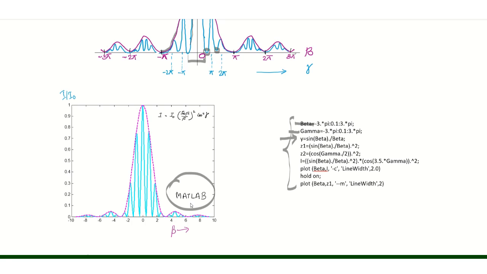Or you can actually write sinc of beta in the code, because the sinc function is defined. And as we go down, you can also use many other functions like Bessel without having to write the actual code to plot or to calculate.